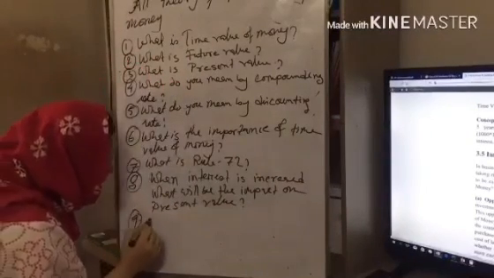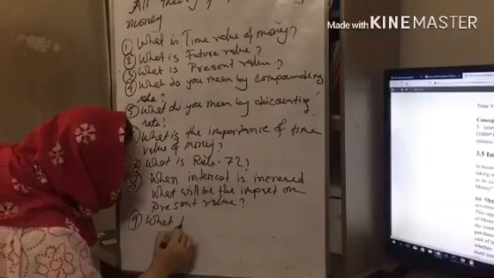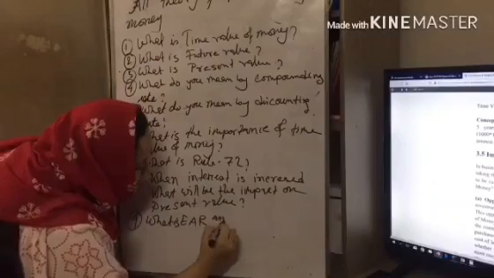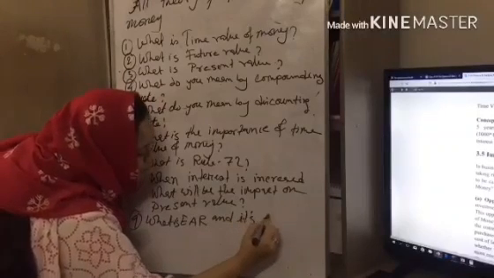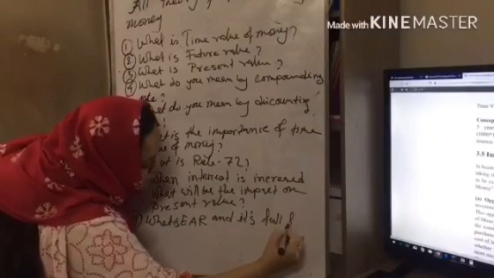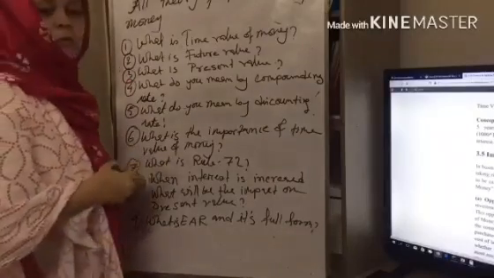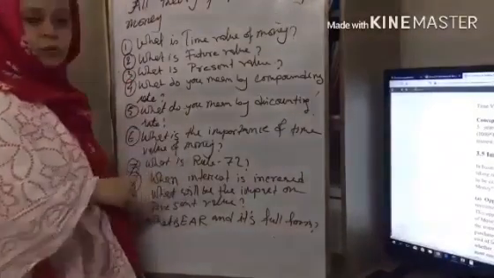Number 8, what is EAR and its full form? Maximum, all these are the theories of time value of money.